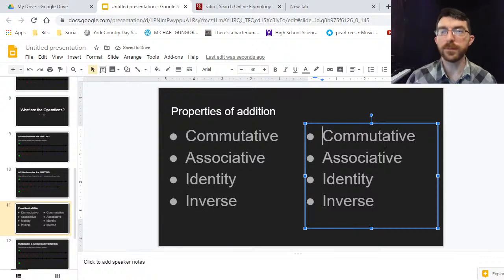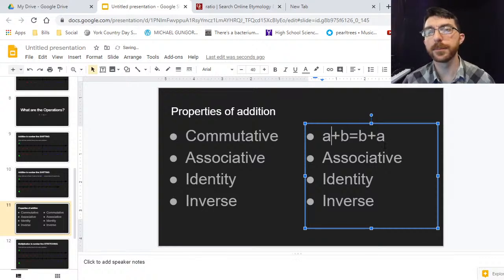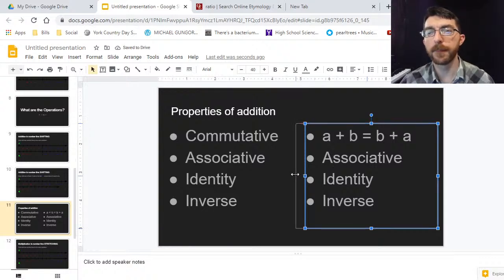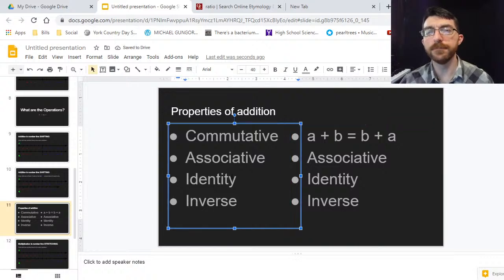All right, commutative, that would be, A plus B equals B plus A. This format looks really dumb.